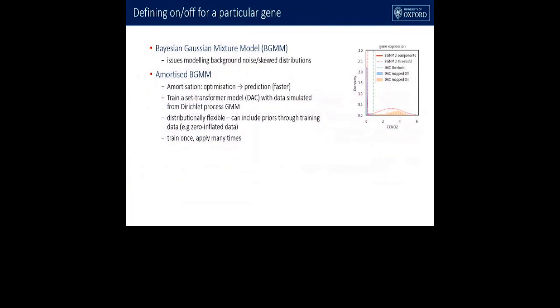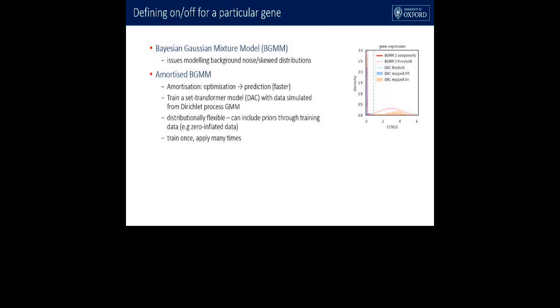Okay, so the next task is how do we define a binarization for each gene? If we look at this plot on the right, this is a representative histogram of gene expression for a certain gene. And you can see what I was talking about before, where you have a lot of zero reads. And then you have this distribution of expression, which we're calling the on distribution.